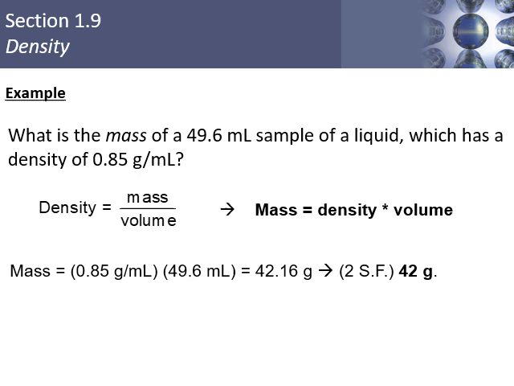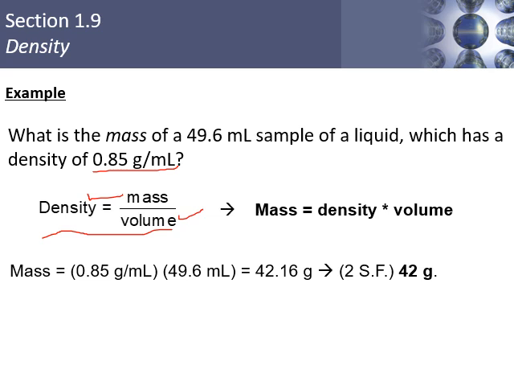Next slide. What is the mass of a 49.6 milliliter sample of liquid has a density of 0.85 grams per milliliter. So they are asking this in a different way. So what we have to do here is, instead of using the formula that we just had, which was density is mass per volume, here they're giving us this, and they're giving us the density.